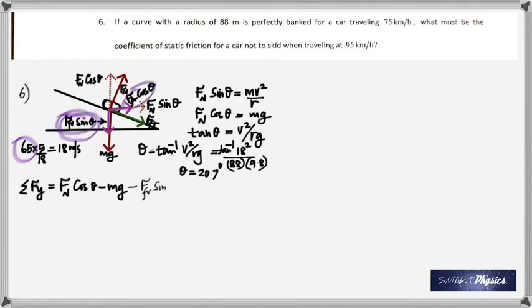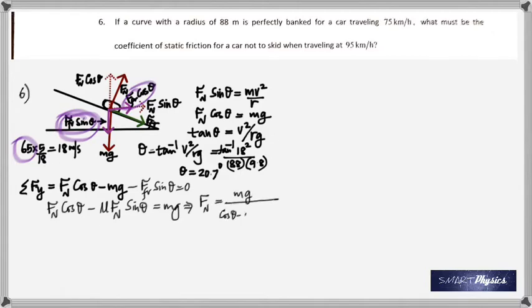So when you take the forces along the y-axis, you have Fn cos theta acting up, mg and FFR sine theta both acting down. That's why both of them are negative. Okay, that's equal to 0. So rearrange that, but friction is mu Fn. So instead of friction, I've written mu Fn. And taken mg to the other side. Finally, Fn is mg by cos theta minus mu sine theta.